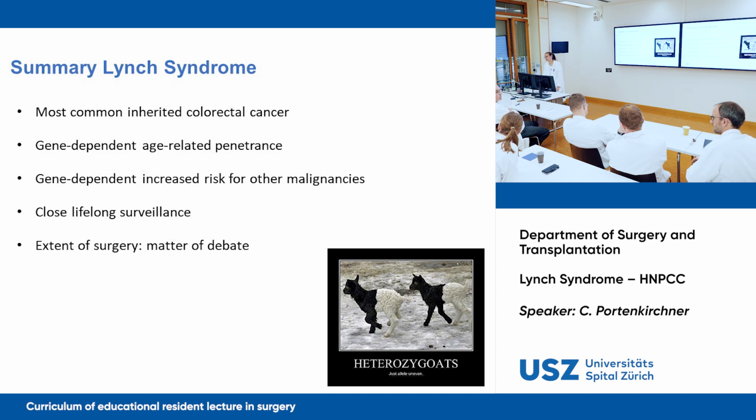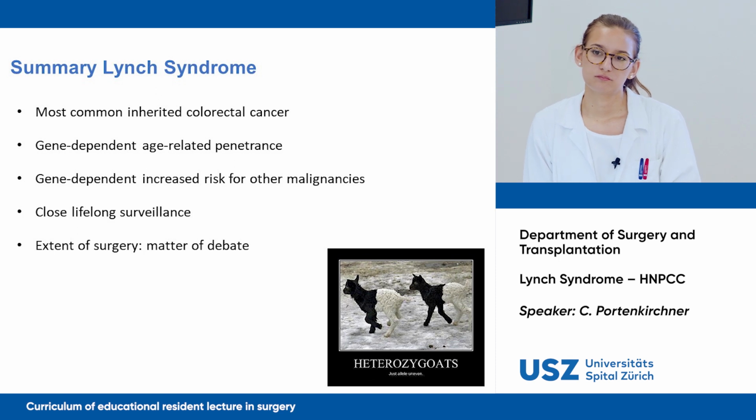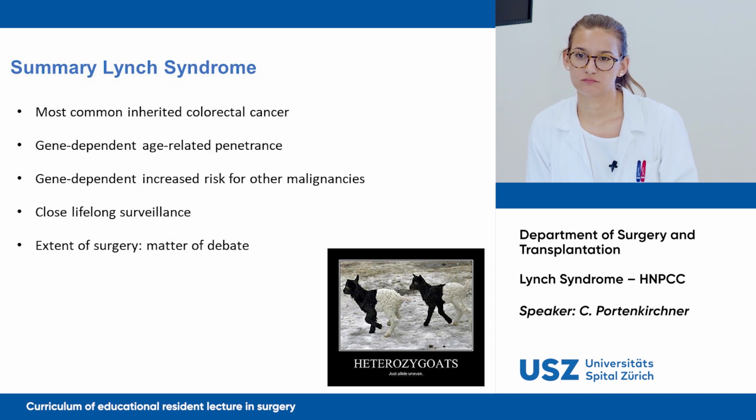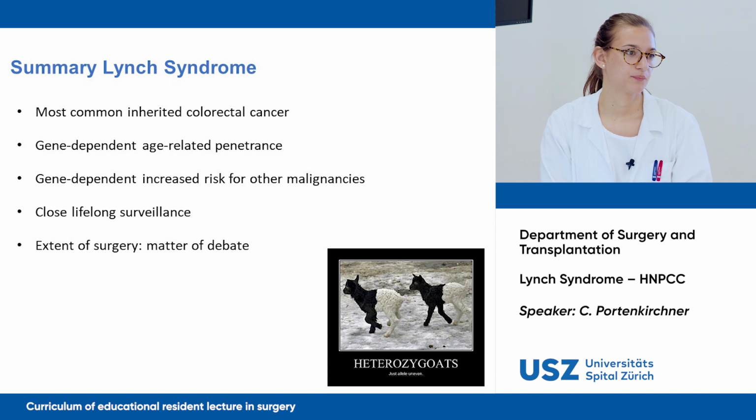The female patient should go to the gynecologist yearly, and she showed that nicely, as well as the gastroscopy. The other surveillance examinations, like for bladder cancer, are not regulated. It's gene dependent, and probably it's upcoming knowledge. We don't know exactly when a patient should be tested in which gene because we don't know exactly which organ is at risk.